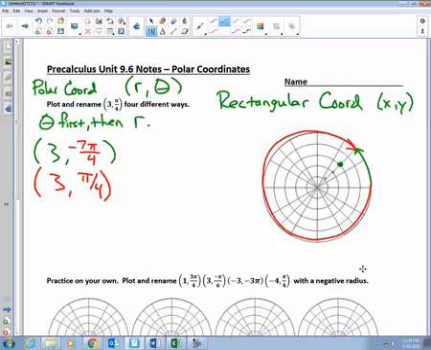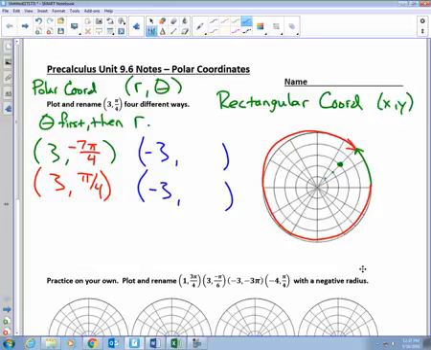I'm now going to do something that you may not like, but it's part of the deal. I'm going to create a negative radius. A negative radius means that we move in the opposite direction from the angle.